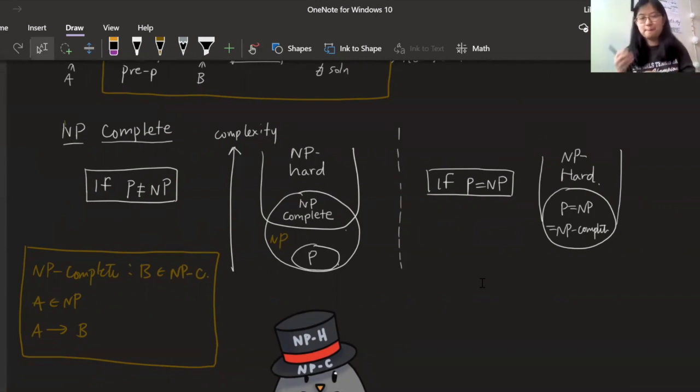And it's also worth noting that since every problem reduces to NP complete problems, that means NP complete problems reduce to each other.